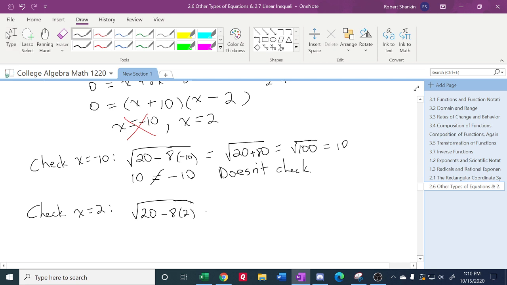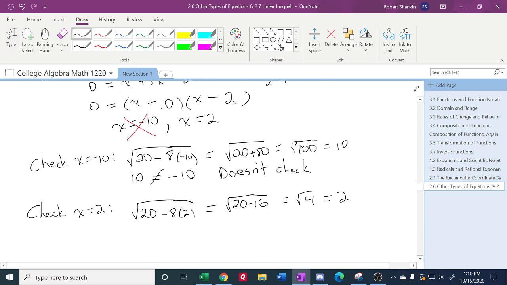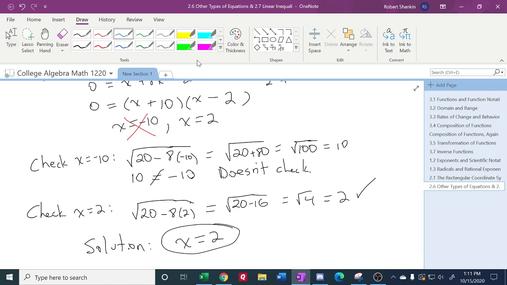And this gives me square root of 20 minus 16, square root of 4, which is 2, and the right-hand side, when I plug in 2 for x, I get 2. This one does check. So my solution is just x equals 2. That's it. Throw away the other. That one is called an extraneous.